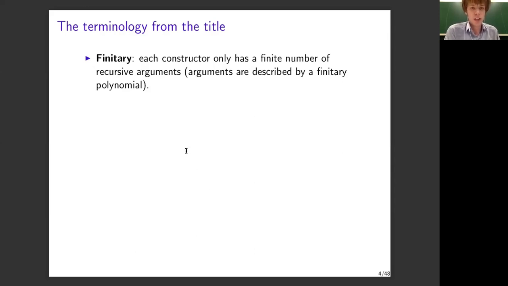The first one is finitary, and finitary means that every recursive constructor only has a finite number of recursive arguments. The way we will later do this formally in the talk is by using finitary polynomials.